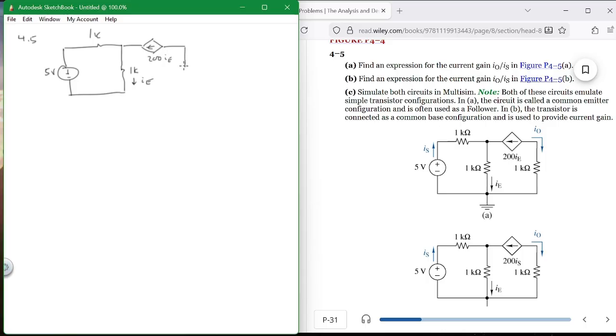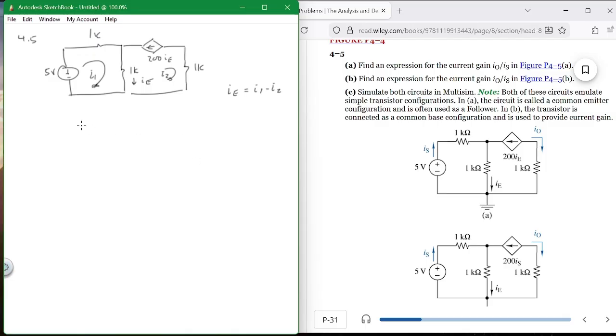And then over here, we've got 1K. All right. So what is this? IE is equal to I1 minus I2.